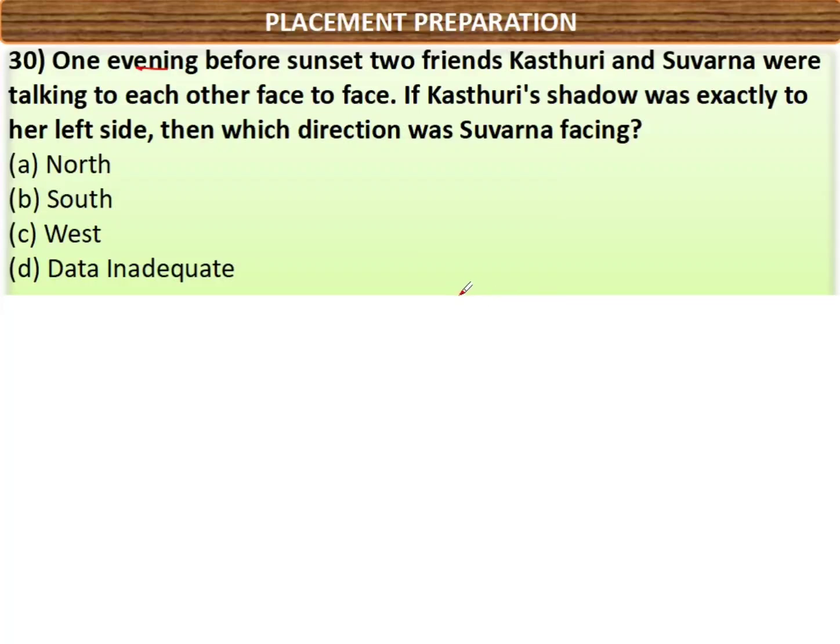Next question, evening. Evening time shadow direction will be towards the east side. This is the shadow. Simply write A, B. Next, what do we have? Exactly to our left side. Her left side. Whose left side? Kasturi's shadow was exactly to her left. So it is Kasturi's left.